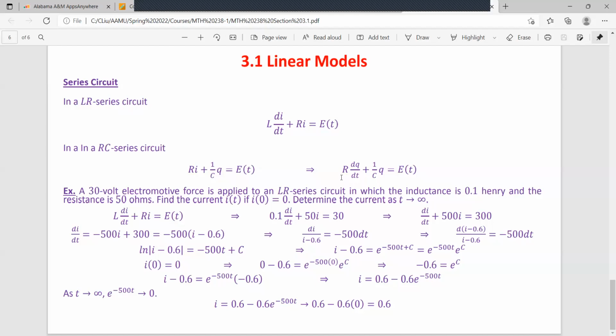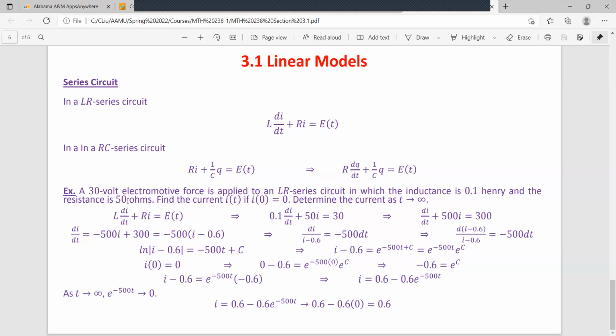So the equation can be rewritten as R times dq over dt plus 1 over C times q equals E of t. So this time the problem becomes solving for q instead of i. If you major in electrical engineering, then you should be familiar with those equations. So let's just solve one example.